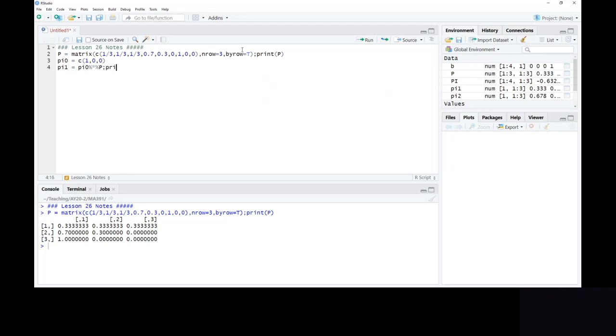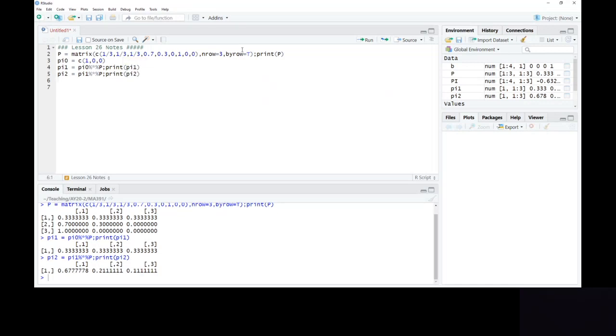And then tell it to print. And that's what we got for pi 1 earlier. So hopefully that's what we expect. And then obviously pi 2 would equal pi 1 percent times percent P again, and then print pi 2. And hopefully that's what we got earlier by doing it by hand, and it is.